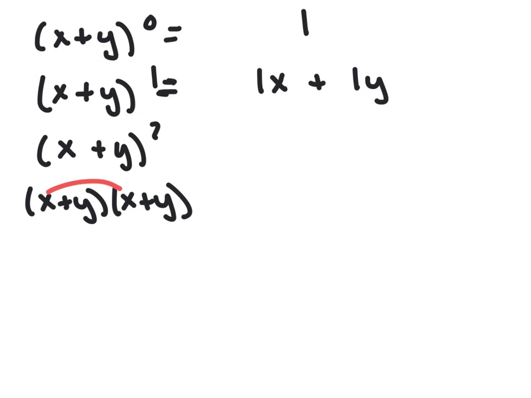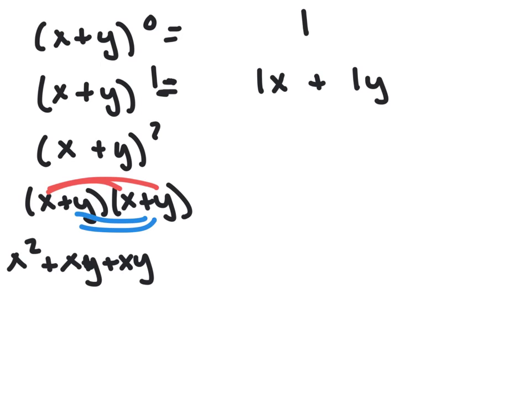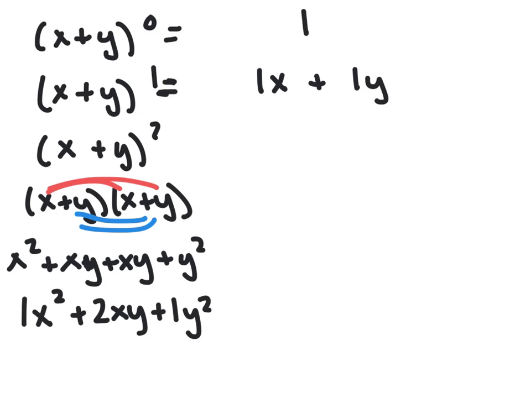As you're aware, we multiply in a distributive manner. And so we would get x squared plus xy plus xy plus y squared. And that summarizes to 1x squared, 2xy's, and 1y squared. So let's bring that over here now.